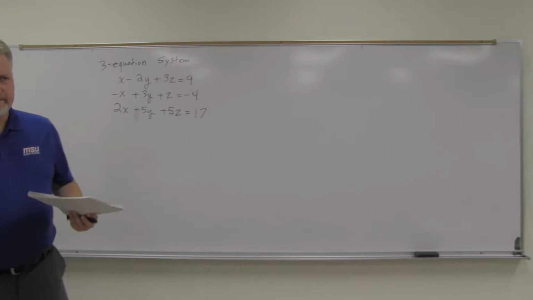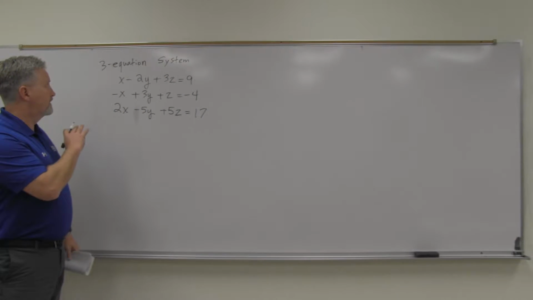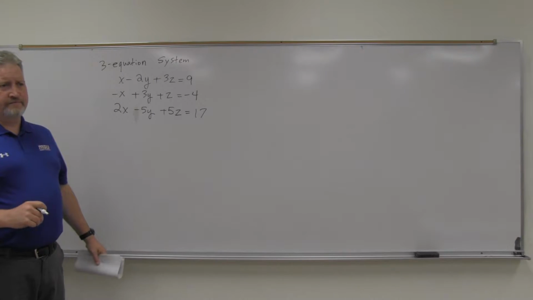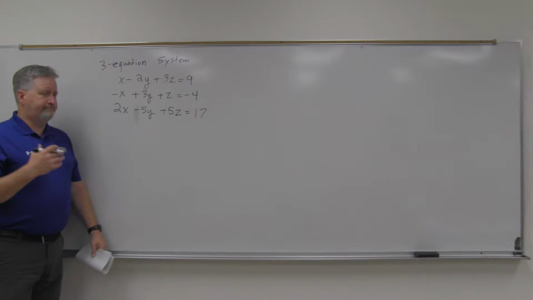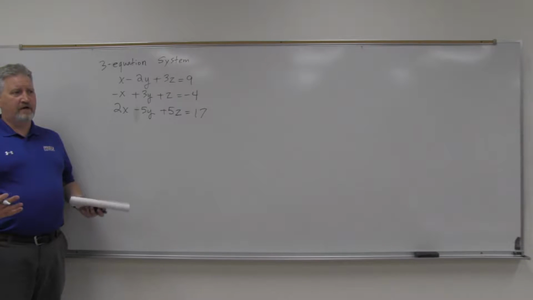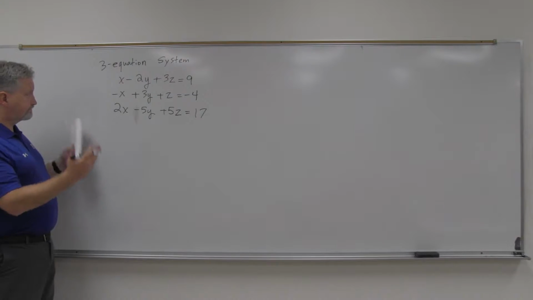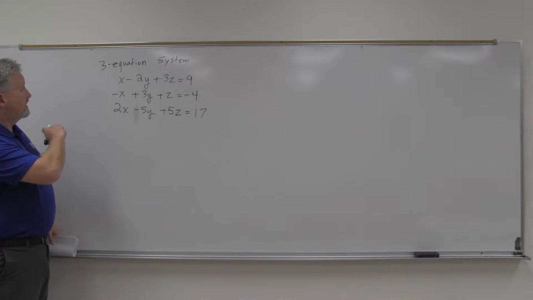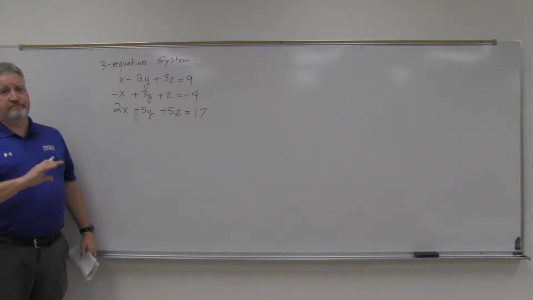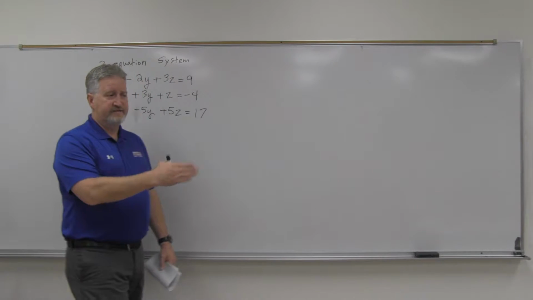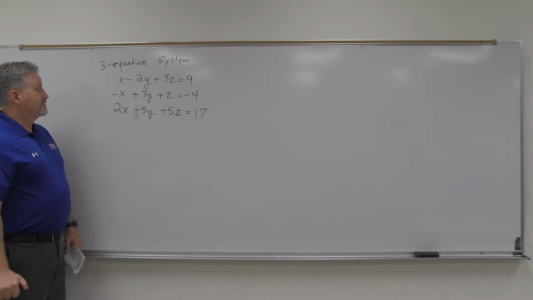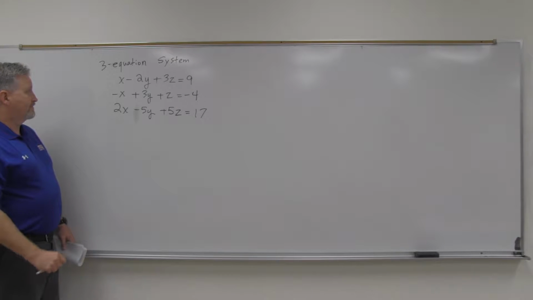Okay, we're going to talk a lot more about a three-equation system in the near future here, but for right now, let me just talk about this system here. You've got three equations, and typically when you have three equations, you're going to have three variables, x, y, and z is our preference, I guess you might say, for the variables.